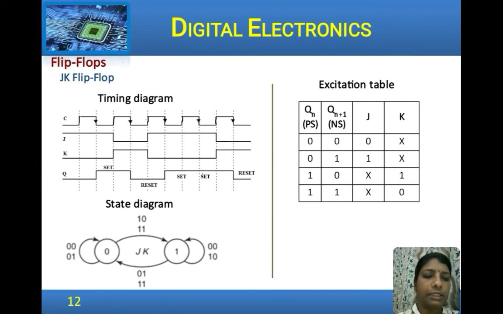If the current state is 0 and it has to go to state 1, then the inputs can be 1 and don't care. If the current state is 1 and it has to go to state 0, then as you can see from here, J should be don't care and K is 1. And to remain in state 1, look at this, J is don't care and K is 0.